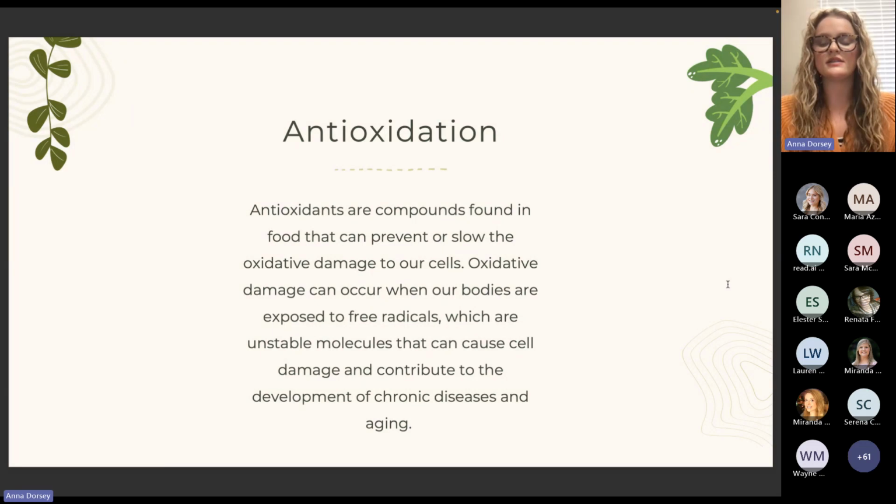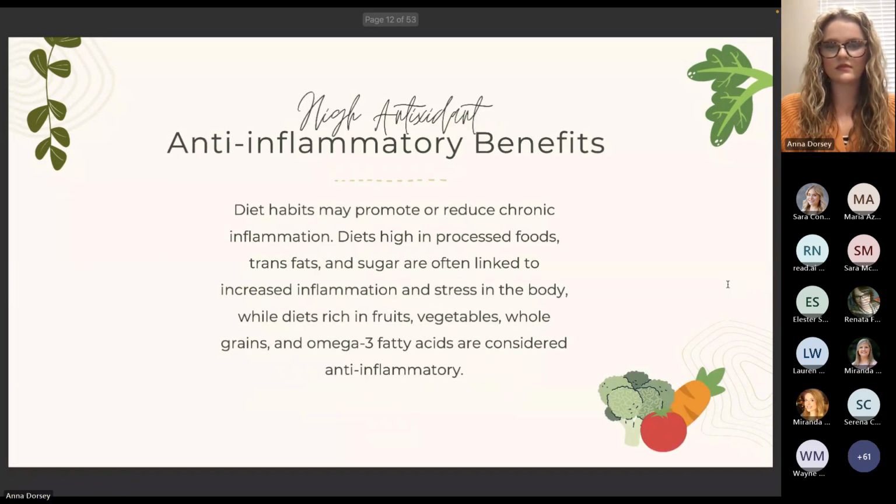And so that's why it's important to make sure that you're getting a good amount of fruits and vegetables and whole grains and legumes, because these antioxidants that are found in them, specifically, I would say in fruits and vegetables, work as a protective measure against cell damage that can occur from inflammation and free radicals.